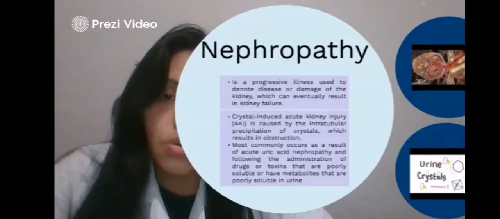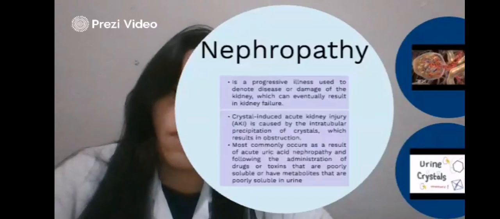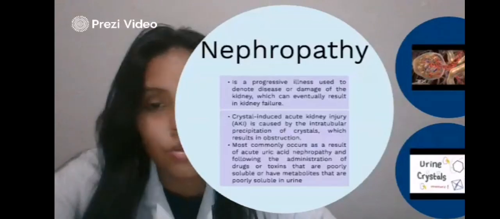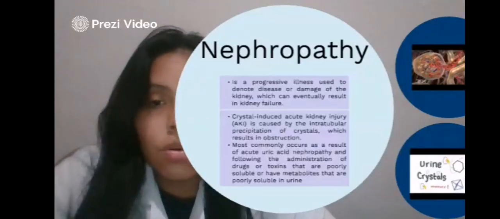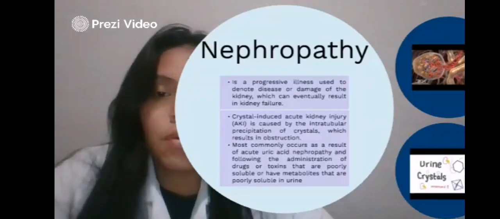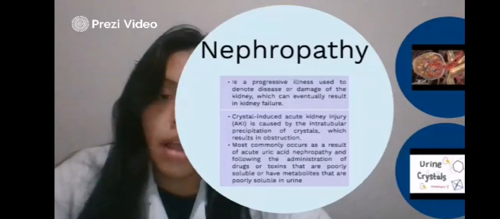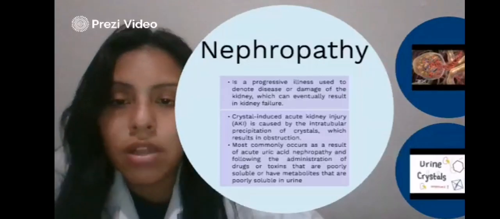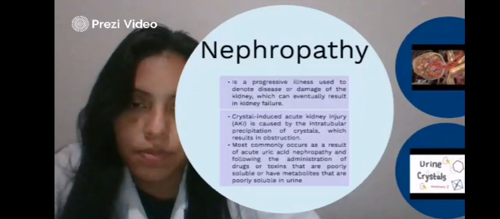Most commonly it occurs as a result of acute uric acid nephropathy and in the administration of hydroxy drugs and methotrexate, which is poorly soluble in urine.